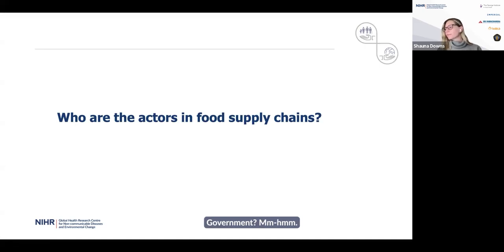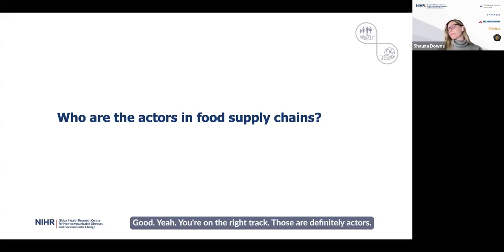Government, marketing federations, marketing companies as well, or advertising companies. Warehouses, so wholesalers maybe. Consumer associations, yep. Good, yep. You're on the right track.